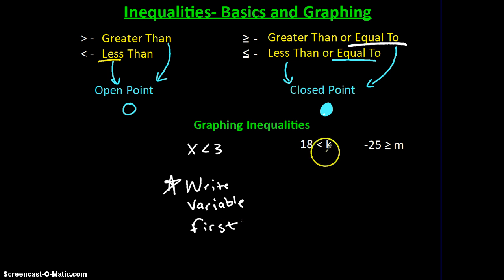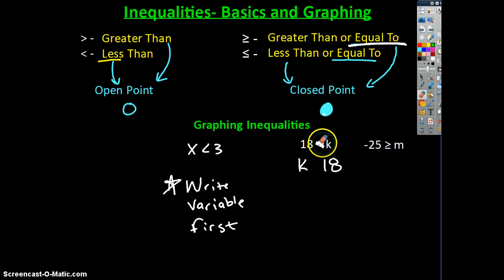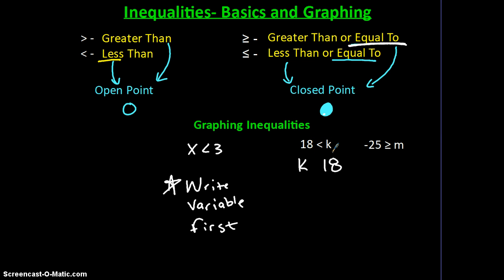What I mean is that I see 18 is less than k. So if I wanted to put k first and 18 second, what phrase would I say then? Well, I always teach this as, hey, this is the little alligator, make the teeth, and it's eating the bigger number. So if 18 is less than k, that means that this little alligator is eating that k right there.